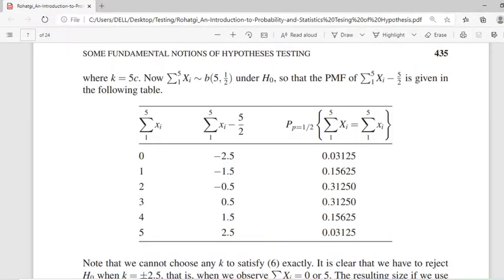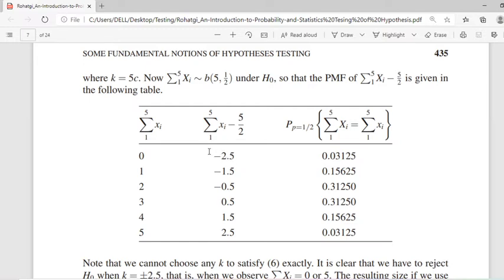Then what will be the possible values of the summation of xi minus 5 by 2?